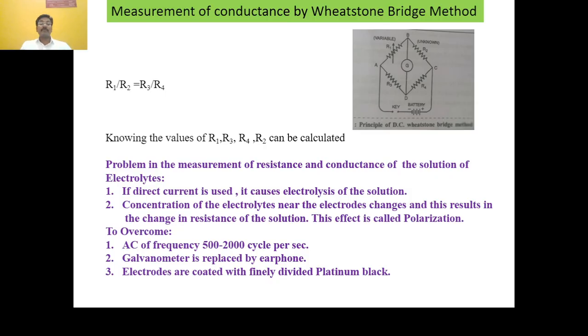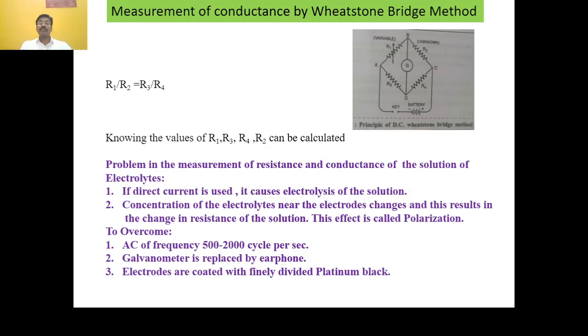If we use direct current, it causes electrolysis of the solution, and the concentration of electrolytes near the electrodes changes. This results in a change in the resistance of the solution, and this effect is called polarization.